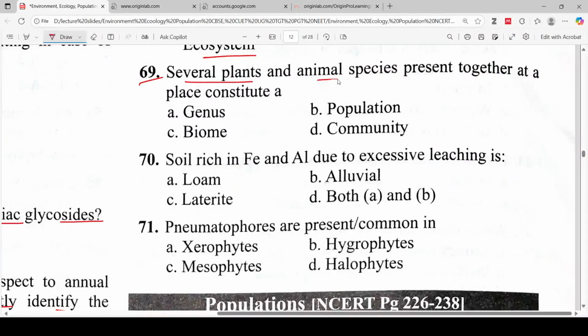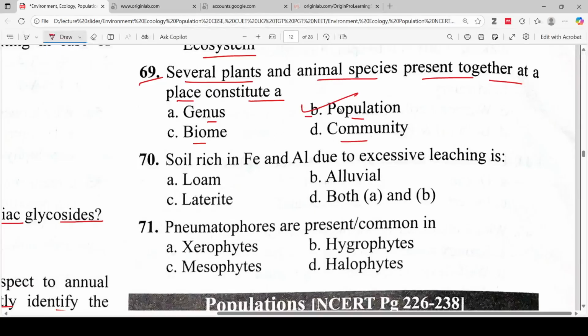Next question. Several plants and animal species present together at a place constitute: option A, genus; option B, population; option C, biomes; option D, community.